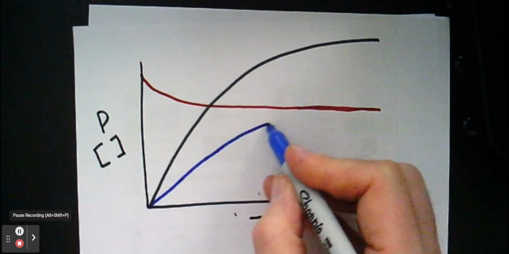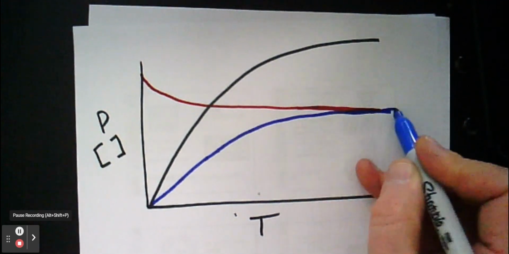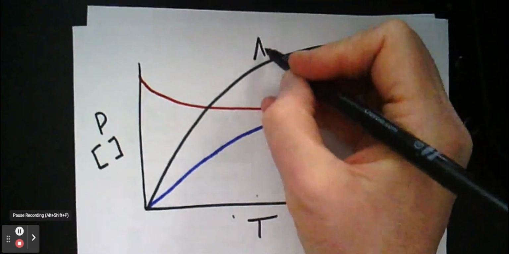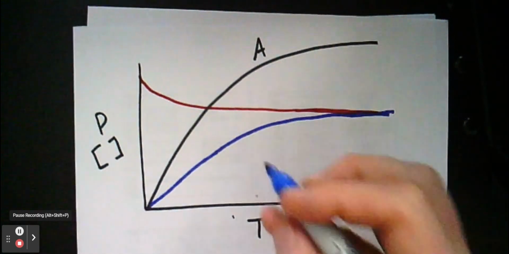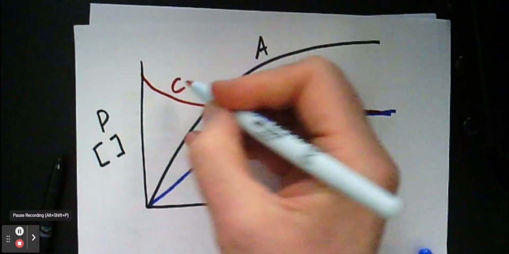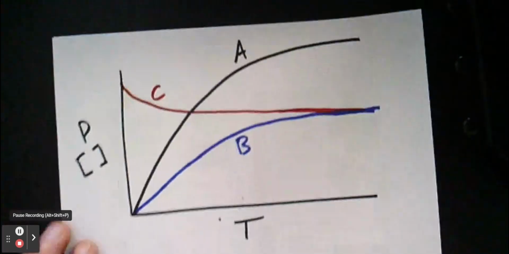And this concentration is also getting greater. So we've got three species in here: A, B, and C.